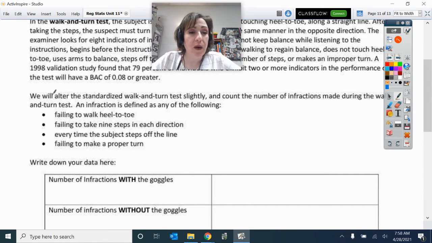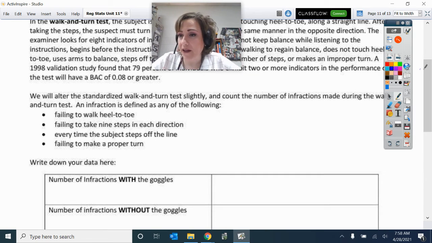Okay. Well, we're going to alter the test a little, and you're going to do a standardized walk and turn test. But during that time, we are going to count the number of infractions that are made during your walk and turn test. Now, some people have balancing issues even without the goggles.